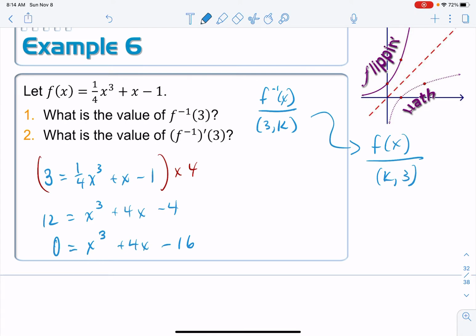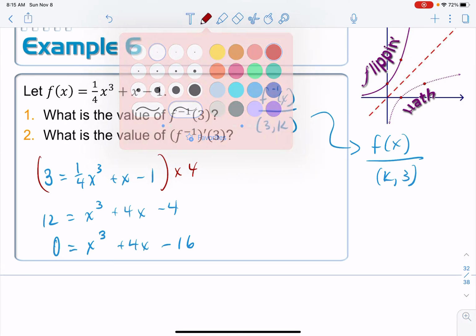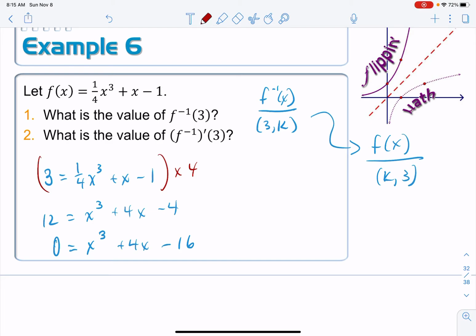We're going to factor it using the rational root theorem, which takes ratios of factors of this 16, which are plus or minus 1, 2, 4, 8 and 16. All right, we got quite a bit. And then we divide those by factors of plus or minus 1, this leading coefficient.